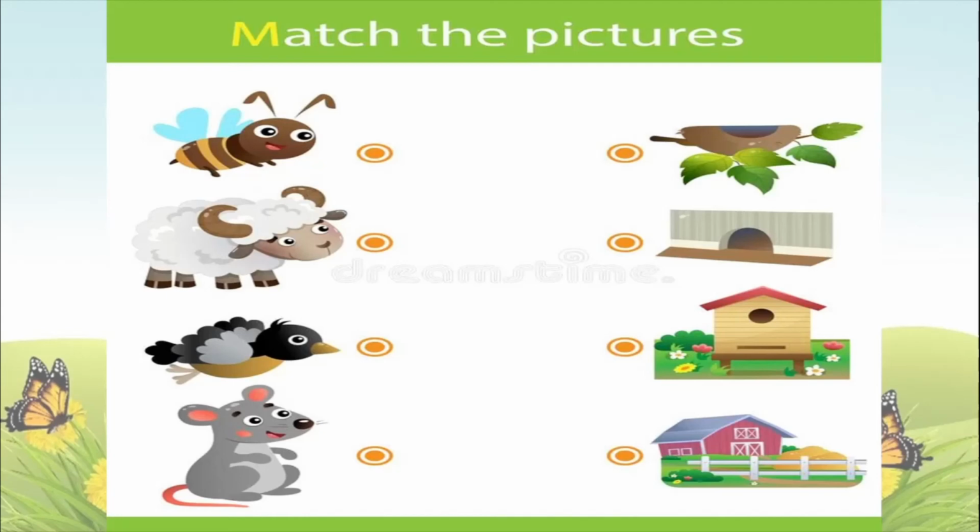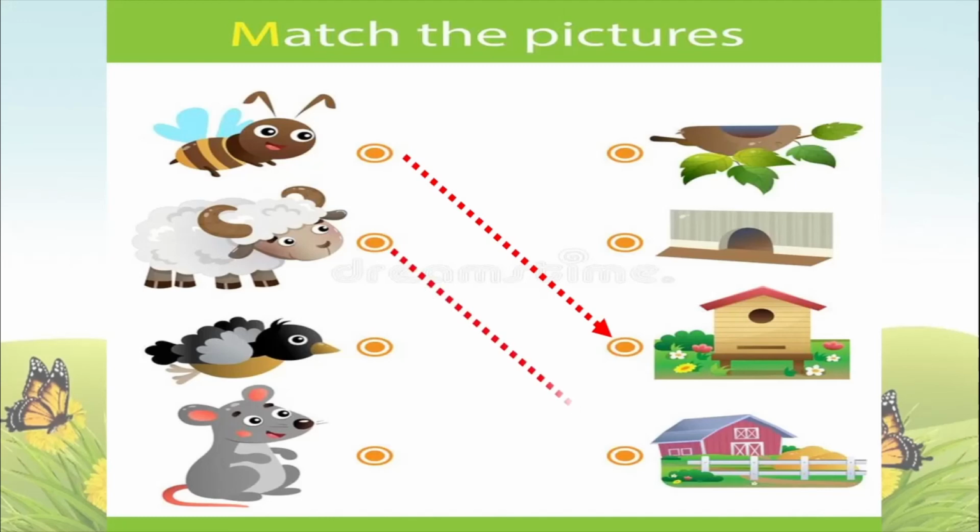So the first animal is a honeybee. Sometimes we keep honeybees in these kind of boxes, where we breed honeybees for honey. It is called apiculture. Then the next picture is that of a sheep. Where do sheep live?